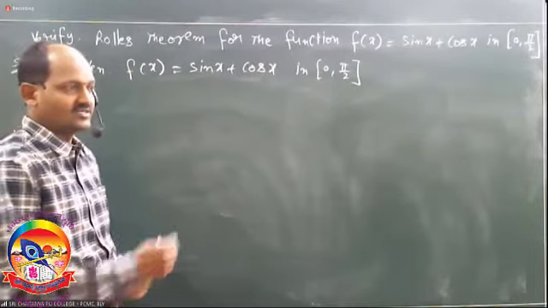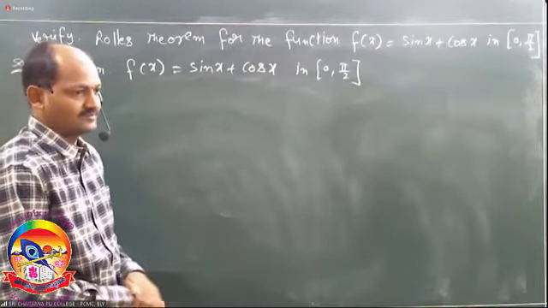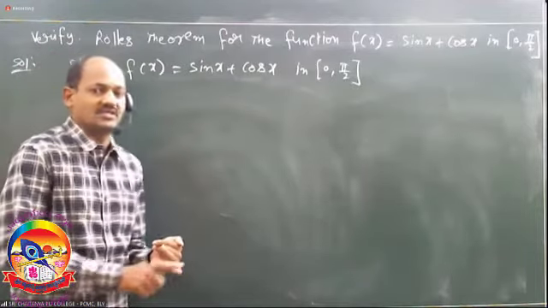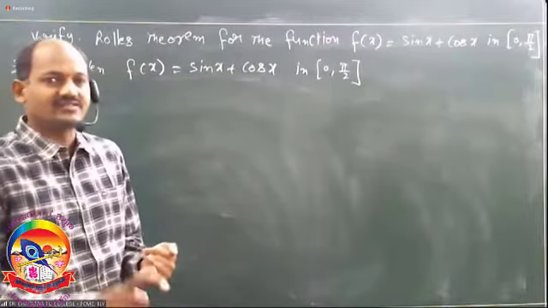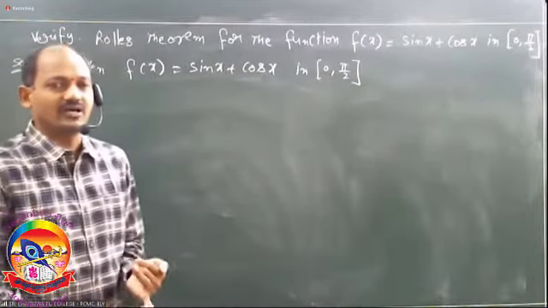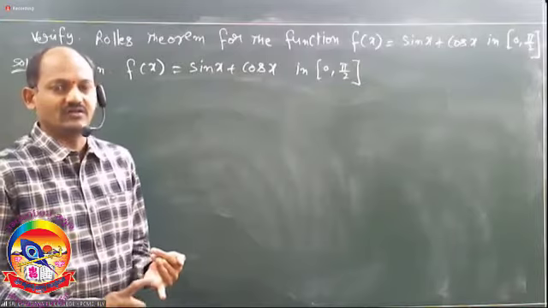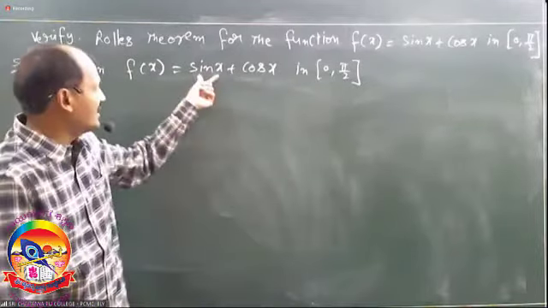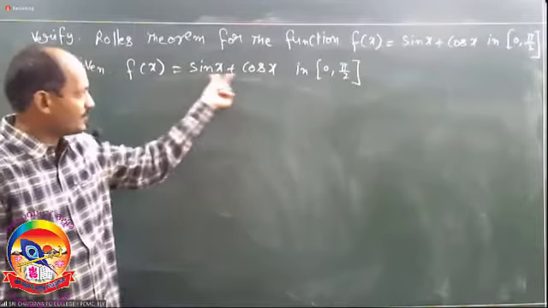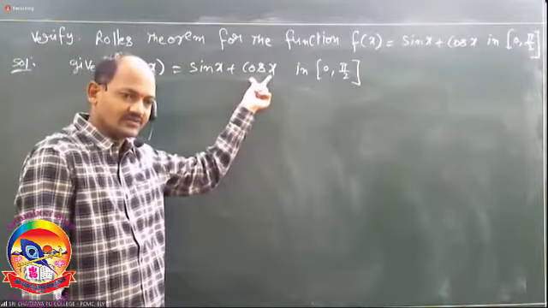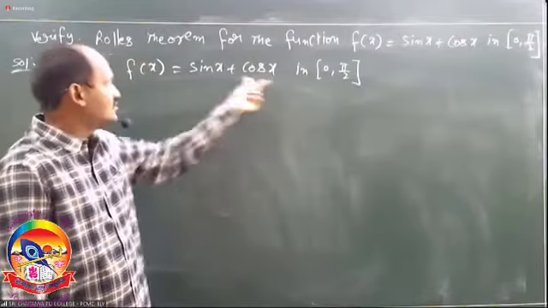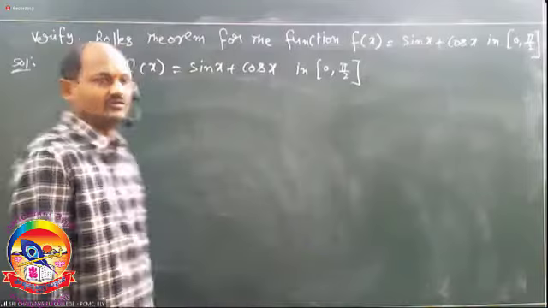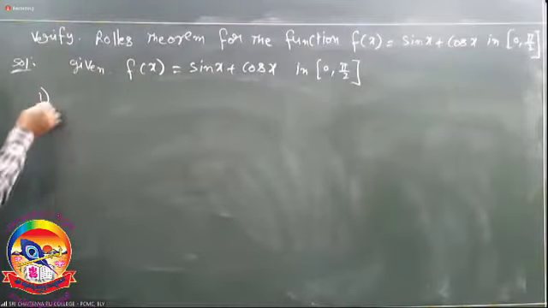Already in the instructions, the last 6th point: f of x and g of x are any two continuous functions, then their sum, difference, product, division, but denominator not equal to zero, is also a continuous function. Sin x is a continuous function, cos x is also a continuous function. So the sum of any two continuous functions is also continuous. So first point complete.